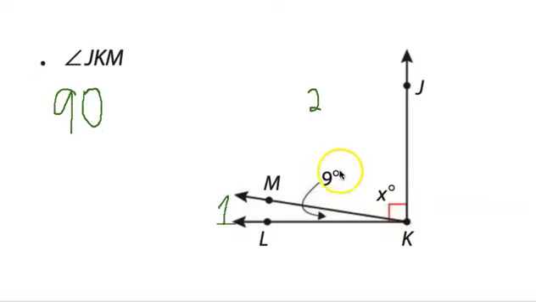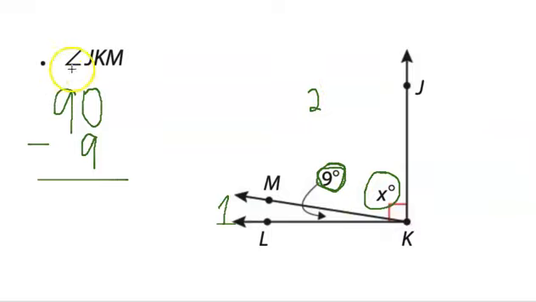And they gave us one of the angle measurements, which is 9 degrees. So this little part is 9 degrees in here. So 9 plus x, our missing angle, is going to add up to 90. So I'm going to take 90 minus 9 to figure out our missing piece.